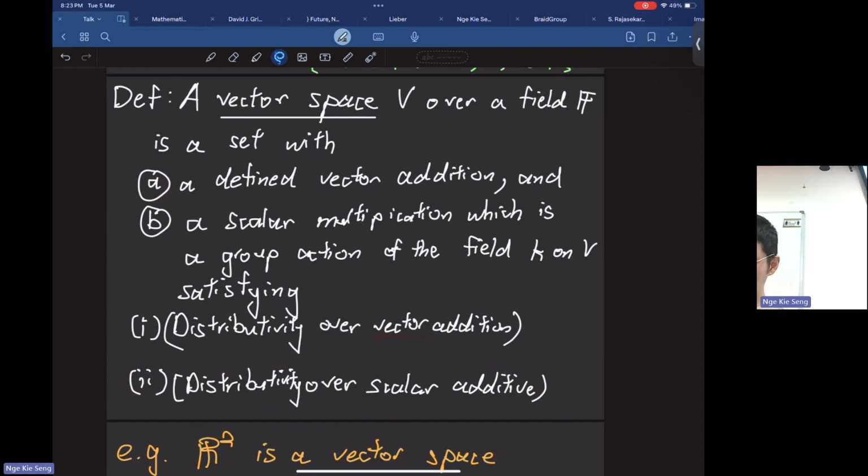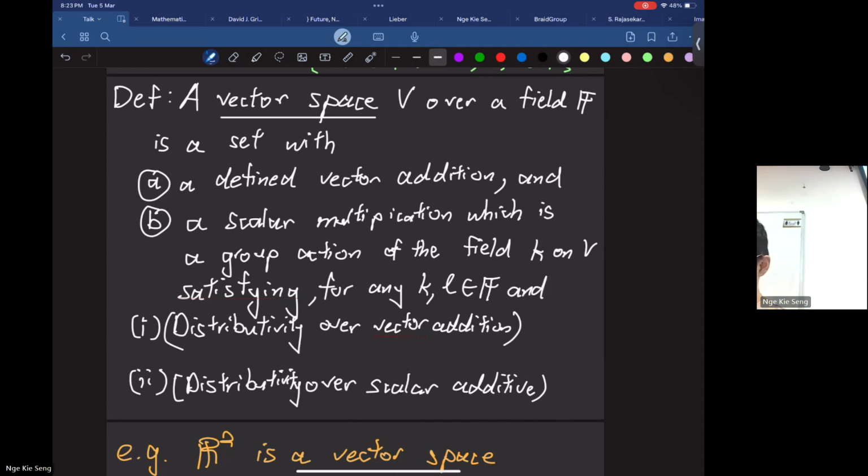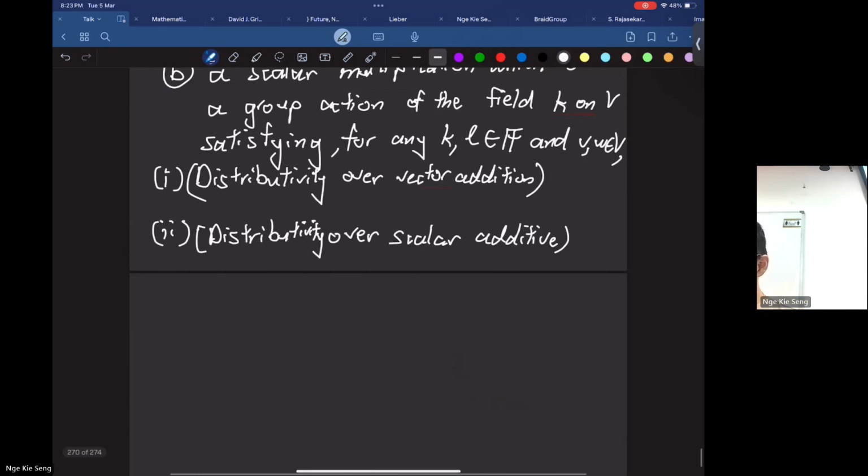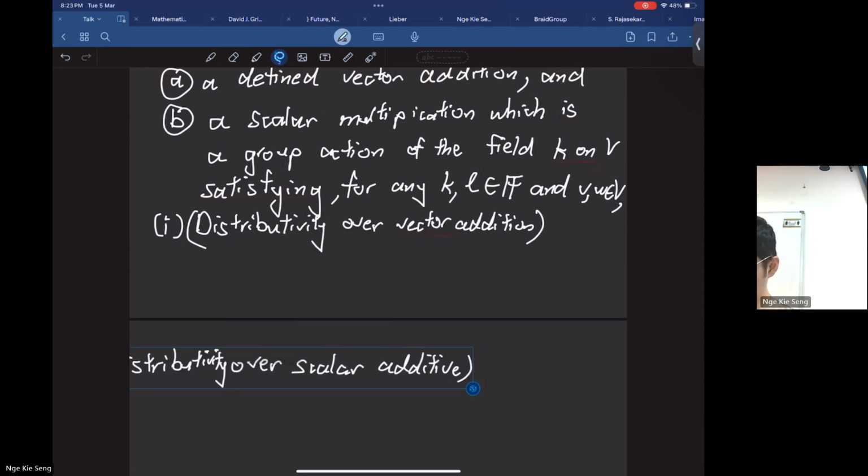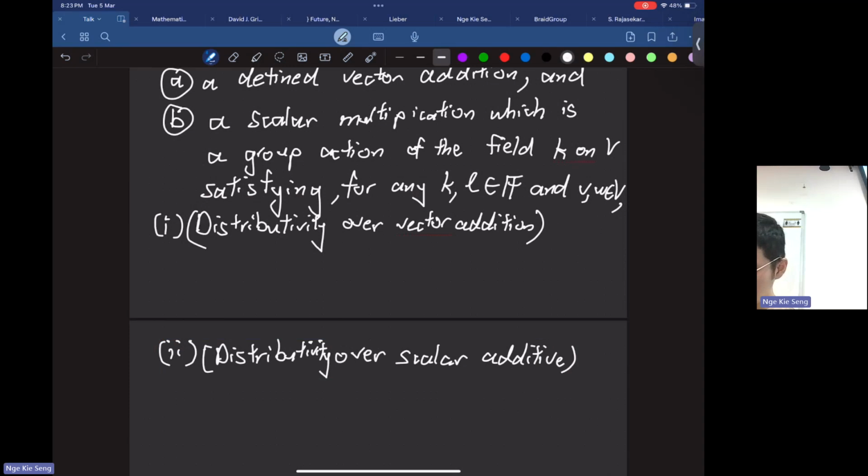Let's take some elements from my field, my scalars, and some elements from my vectors. What can I do? I can consider a scalar multiplied by the addition of two vectors, or I can consider the addition of two scalars multiplied with a vector.